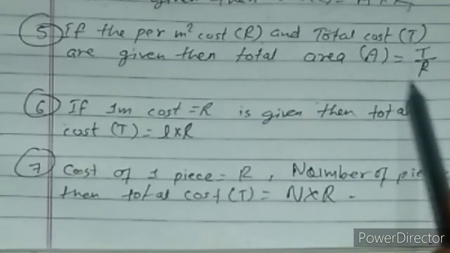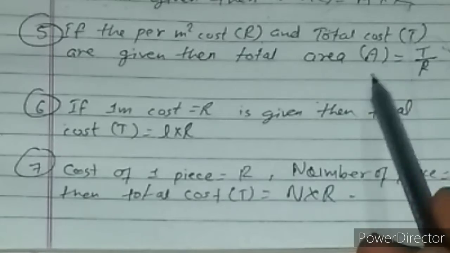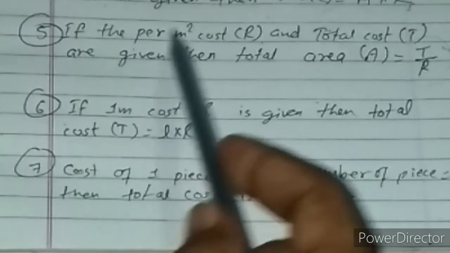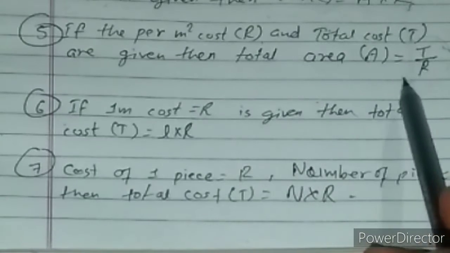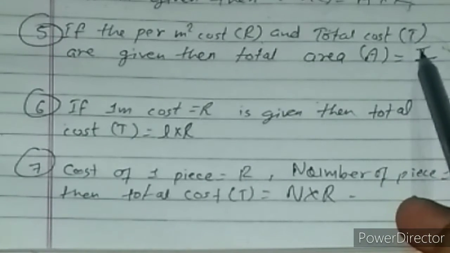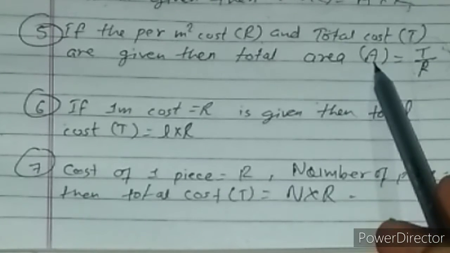That area will be total cost by rate. Sometimes they will not give area, they will give total cost of carpeting is 10,000 and rate of carpeting is rupees 200 per meter square. In that case you can find area by just dividing total cost by rate.